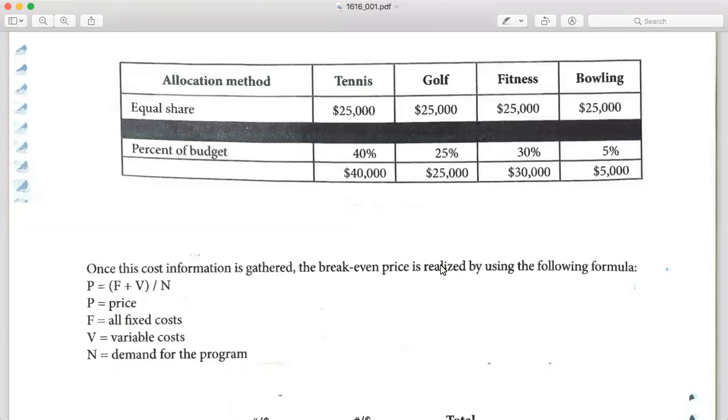Following is the typical purchasing process for items below the bid threshold. So this is the process that you have to follow according to the book. Steps 1 through 5. Number 1, request a purchasing requisition.